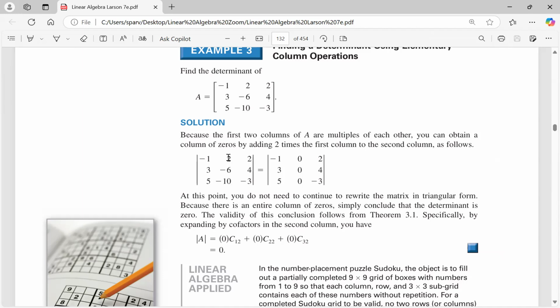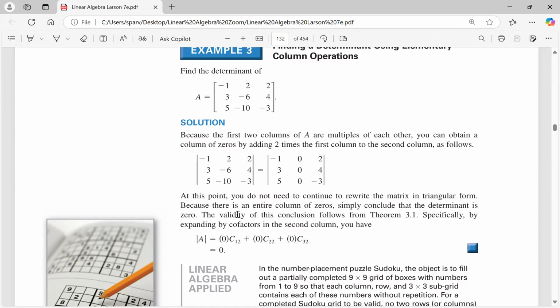Or you can multiply all of the numbers in the second column by -1/2 and get exactly the same results. The key is that you can get the numbers in one column using a constant multiple of another column. That shows that there are dependencies between the columns, and therefore the determinant will be 0. The same thing will happen if one row is a constant multiple of another row.